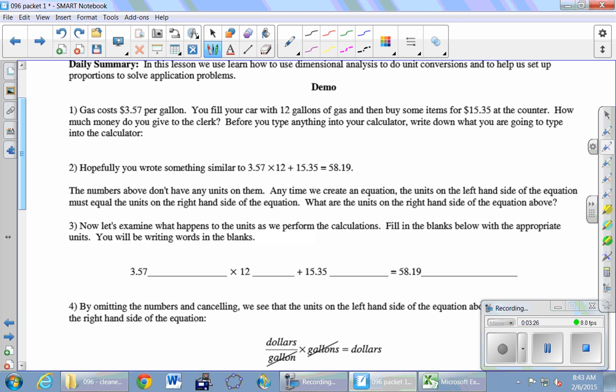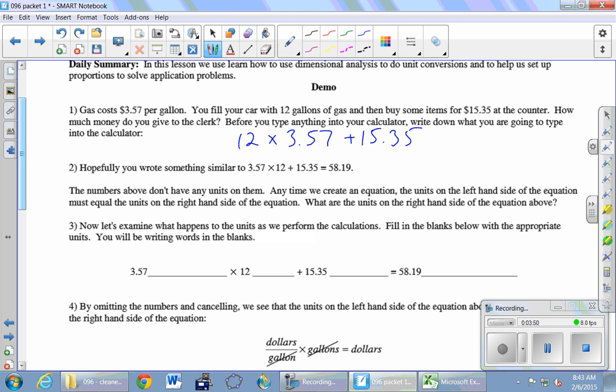I'll have something written down. How would we figure out, good morning, how would we figure out what this costs? Tyler? Tyler says that. Agree? Makes sense?